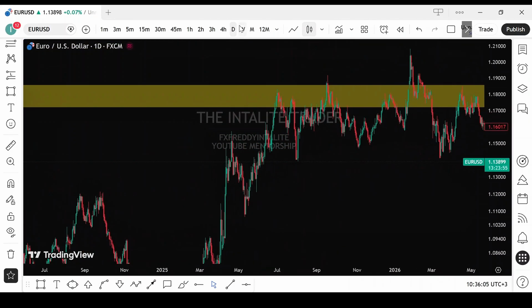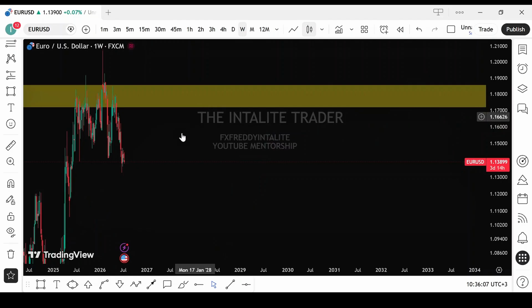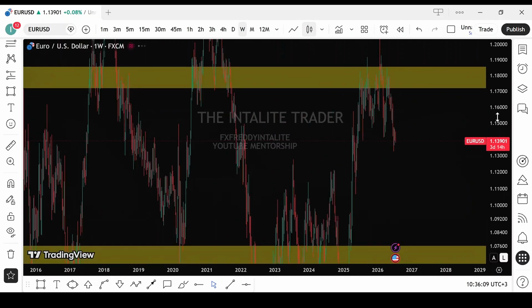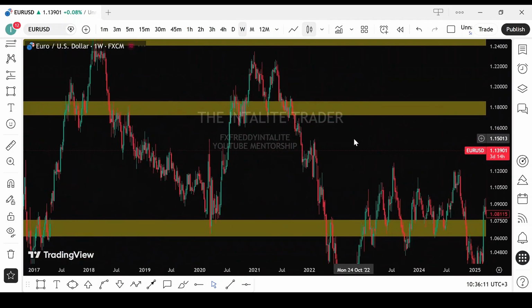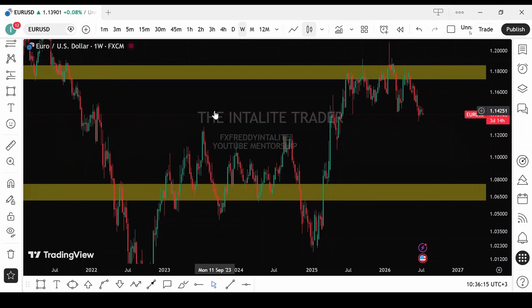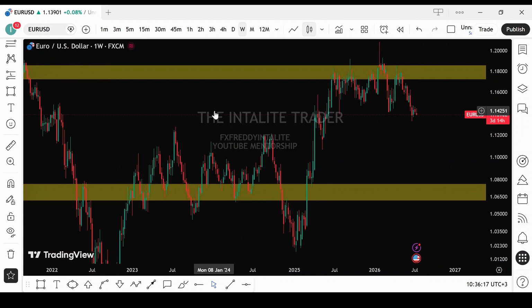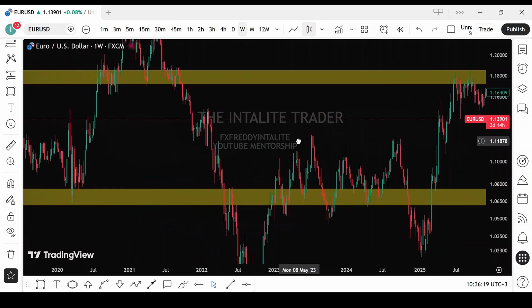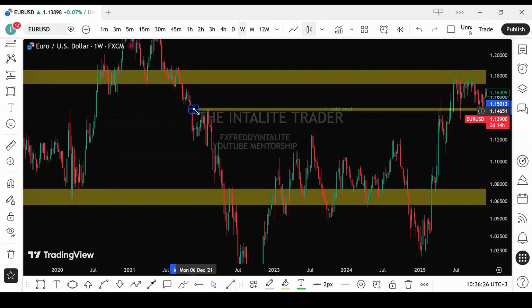Now, if we go to the weekly time frame, after marking the monthly key levels, we then come to the weekly. On the weekly time frame, you will also find other levels. So let's say this is a weekly level price reacted to. We give it a different color.